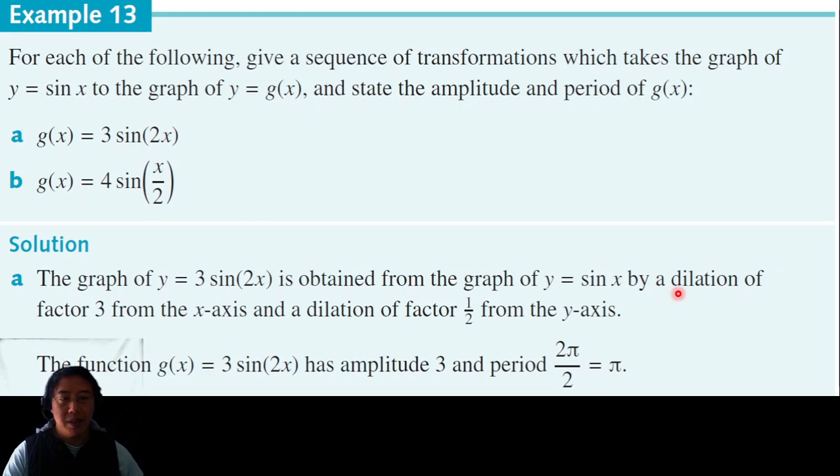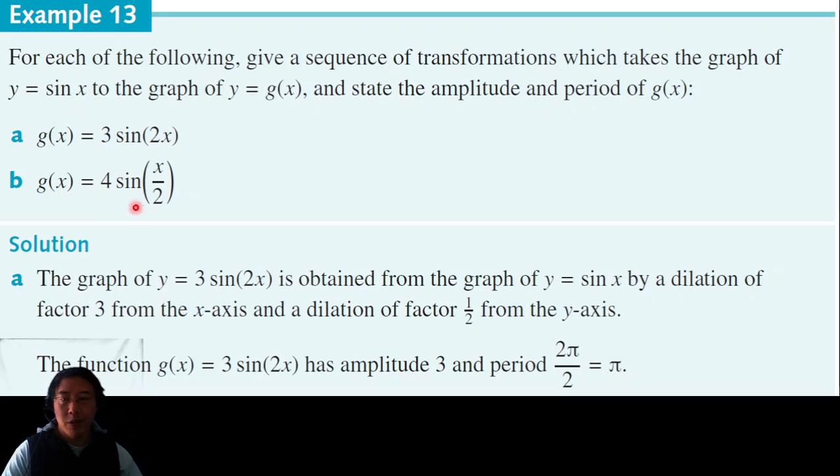The 3 says you have a dilation of factor 3 from the x-axis, and the next one is going to be a dilation from the y-axis of factor, you do the reciprocal, so it's going to be 1 over 2. Okay, the amplitude is 3, and the period is going to be 2 pi divided by 2, which is pi.